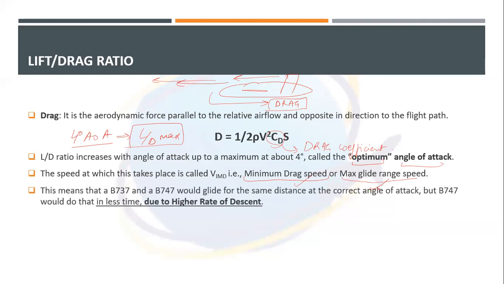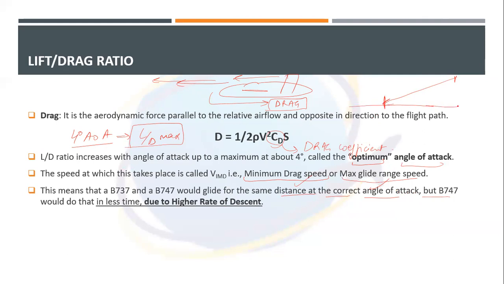This means that a Boeing 737 and a Boeing 747 would both glide the same distance at the correct angle of attack. But the Boeing 747, because it has a lot of weight, will descend faster. So it will have a higher rate of descent, but both of them will land at the same point.